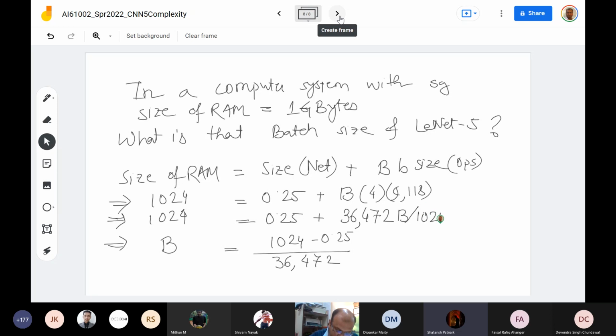Oh, I was dividing it not by 1024, but by 10 power of 6. So this into 10 power of 6.